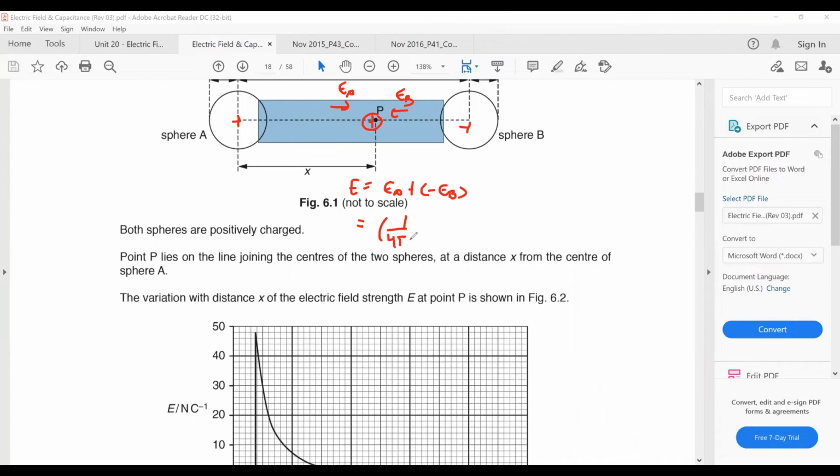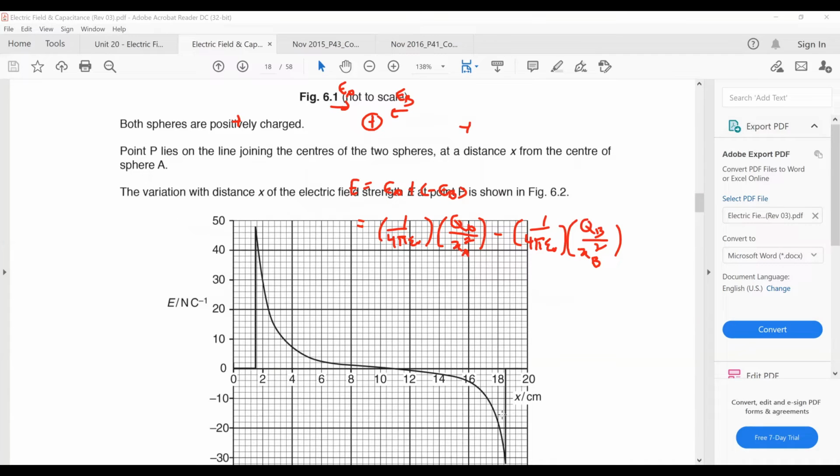So I get 1 over 4 pi epsilon naught QA over XA squared, minus 1 over 4 pi epsilon naught QB over XB squared. I change the values of x, so I'll be changing the values of XA and XB. Eventually, I get this graph. This is how I got this graph in the first place.